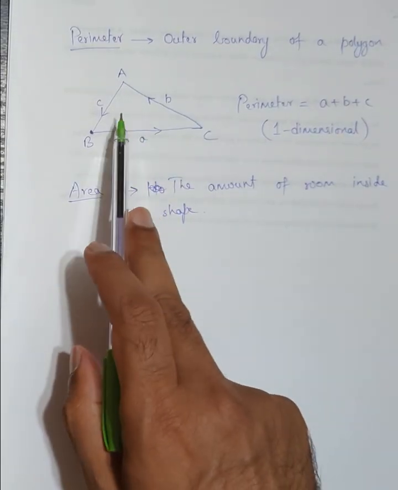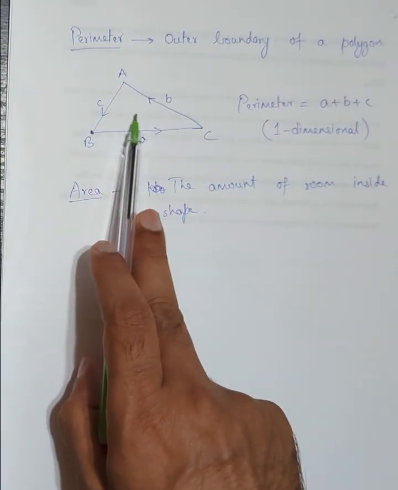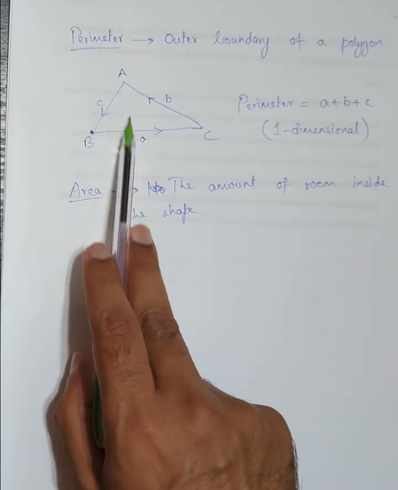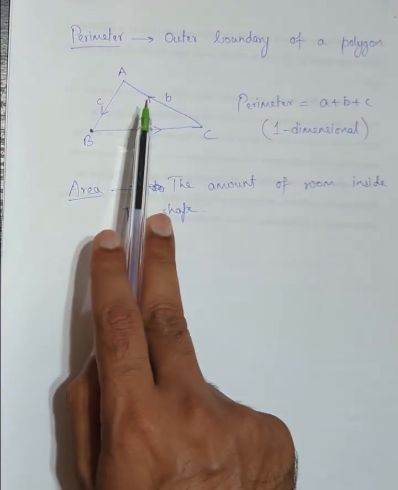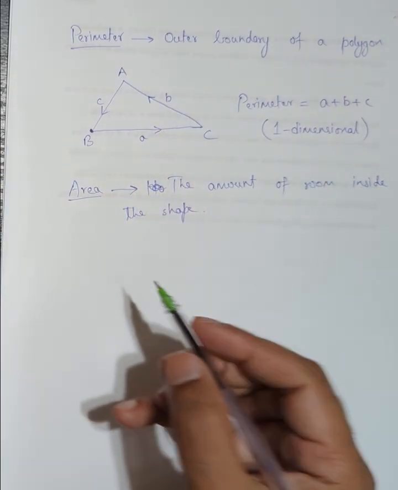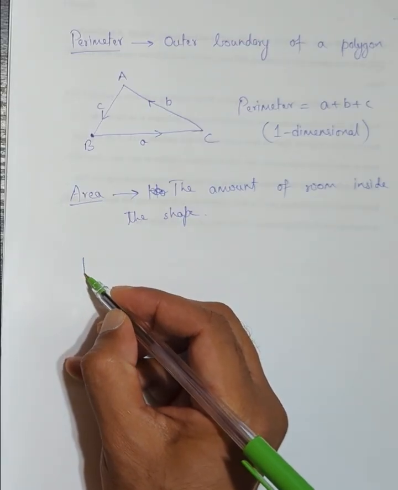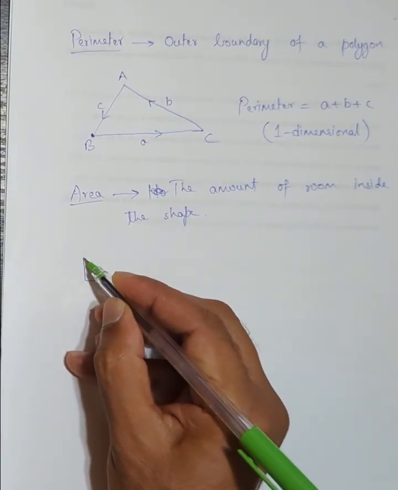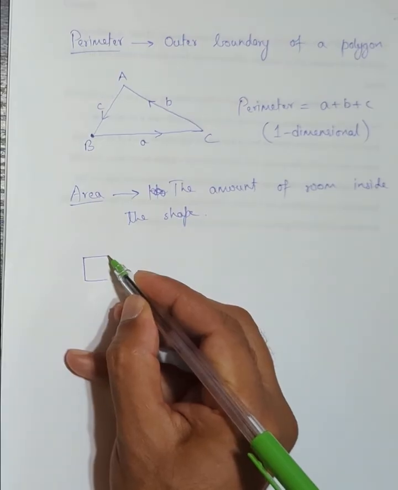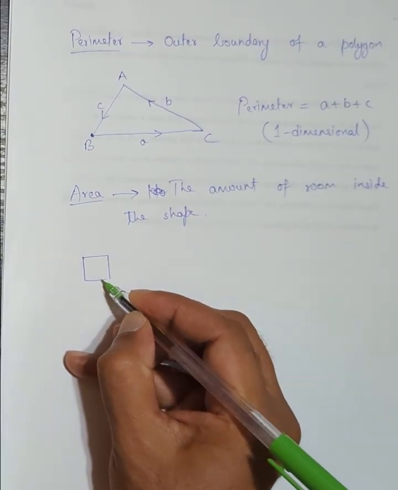So how do we tell how much room we have inside the shape? Well, for a triangle, it might be a little bit hard, but let's say this is a square, so let's talk about area of a square first.